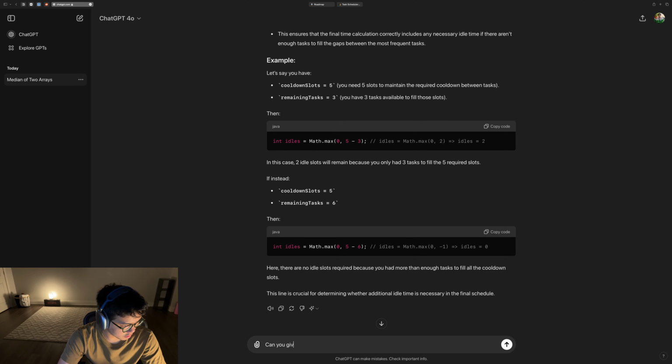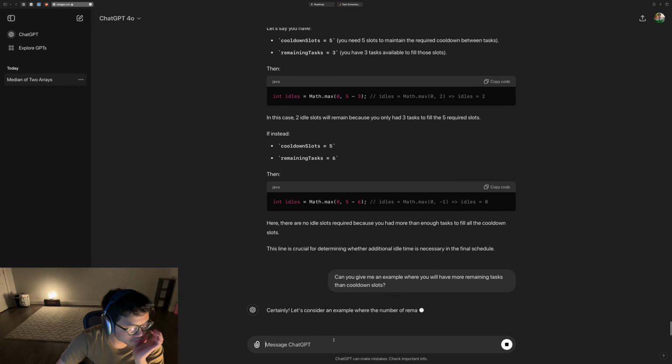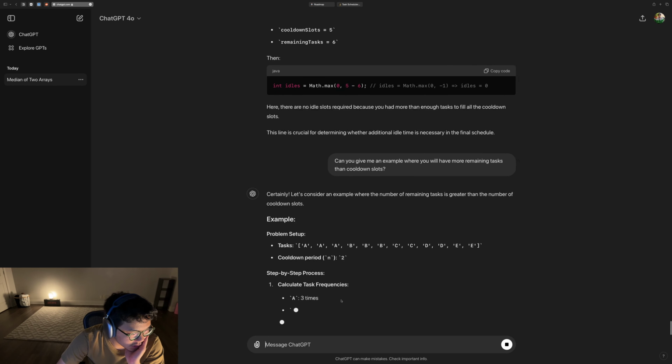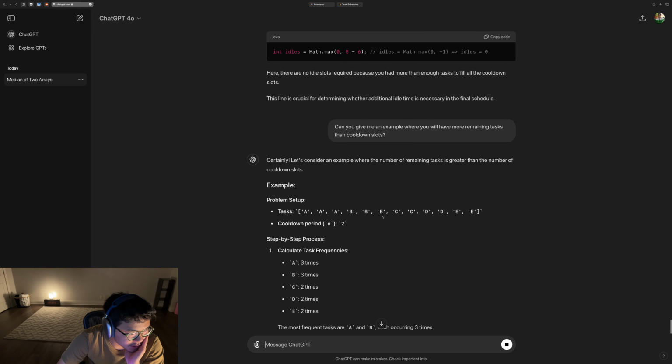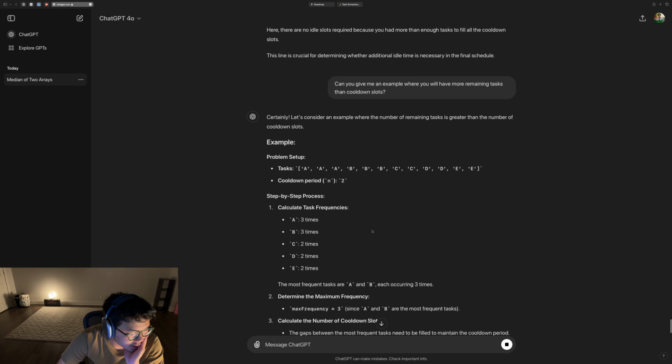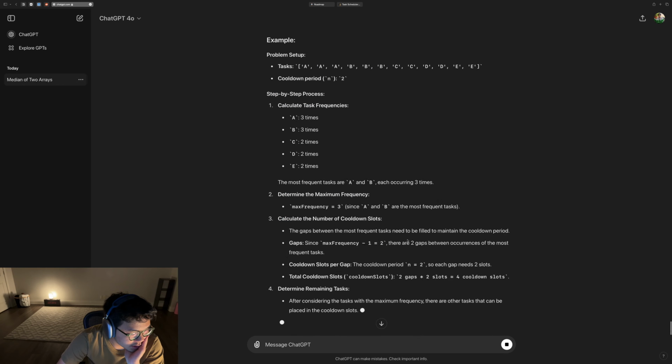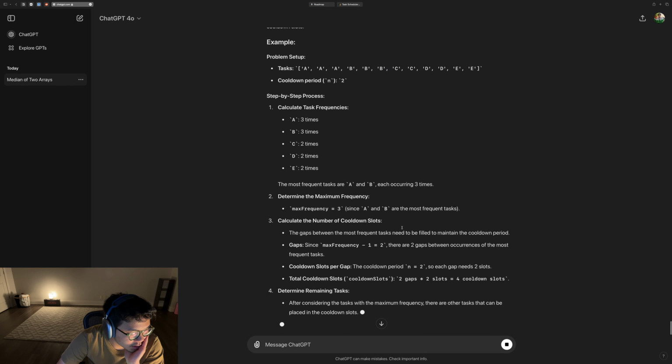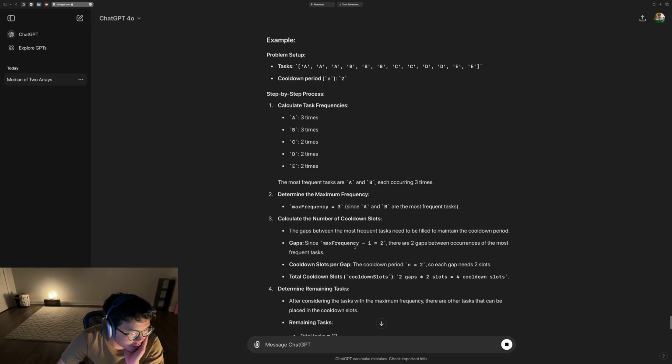Can you give me an example where you will have more remaining tasks than cooldown slots? A, B, B, B, C, C, D, D, E. Max frequency is 3.